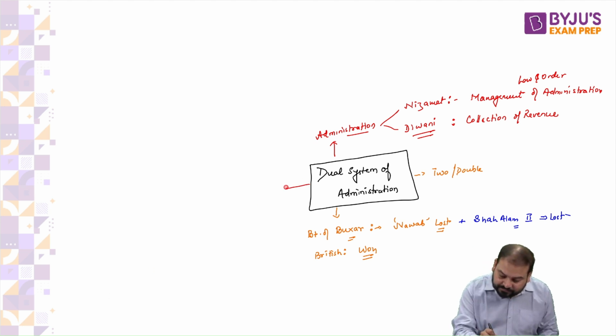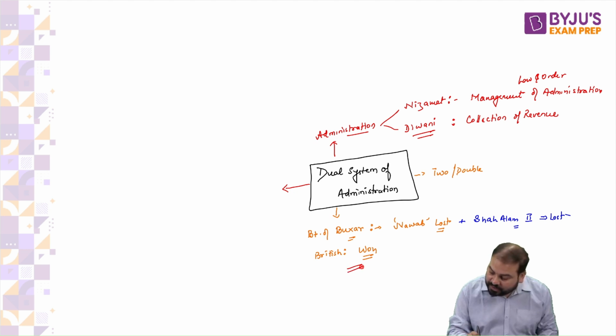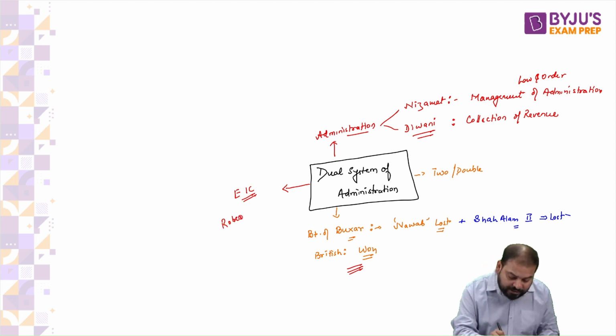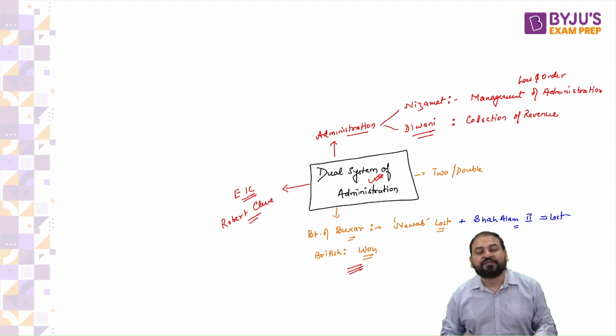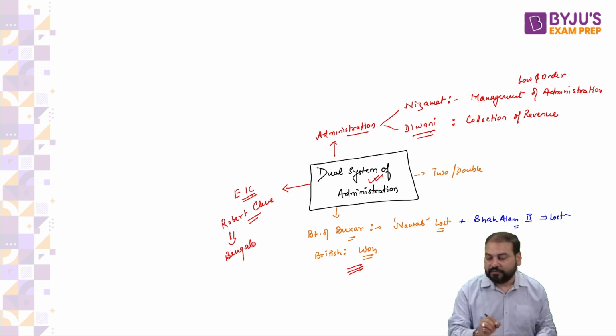Now, under this system, dual system of administration, after the Britishers won this war, the East India Company, which was being led by Robert Clive, introduced this dual system of administration in Bengal.